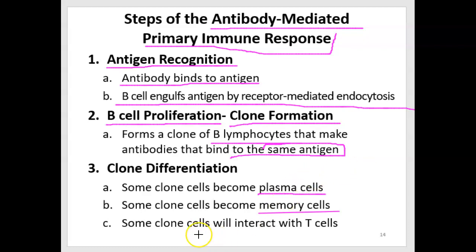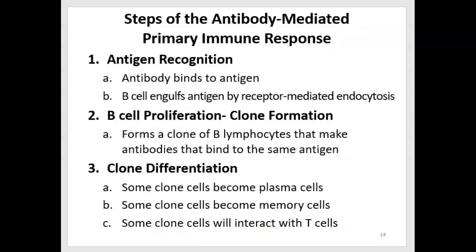And then, of course, some of the B cells that are clones will do the antigen presentation we just talked about and interact with those helper T cells. So there's 3 steps. First, recognition of the antigen, then proliferation of identical B cells, but those products of proliferation differentiate.